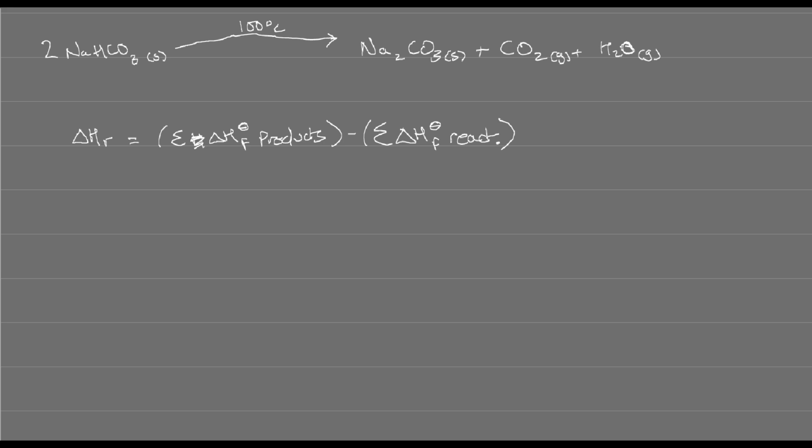So I'm going to look up the delta H formation standard values for these 3 things. I'm going to enter these, add them all together, and enter them into this part here.